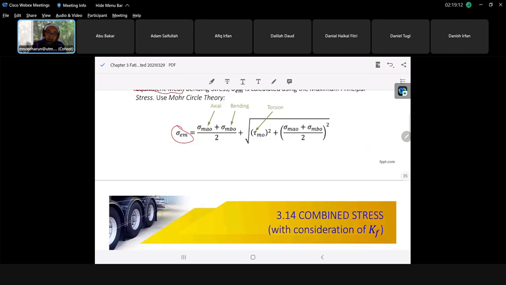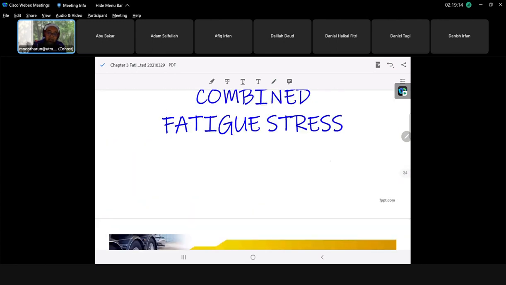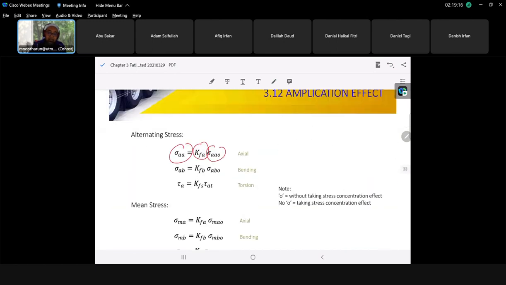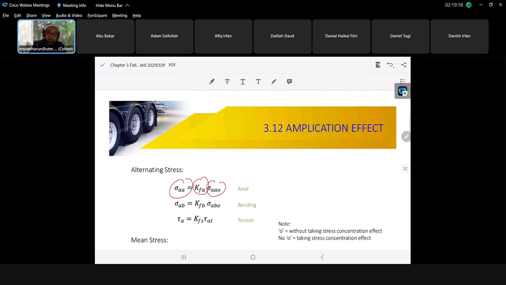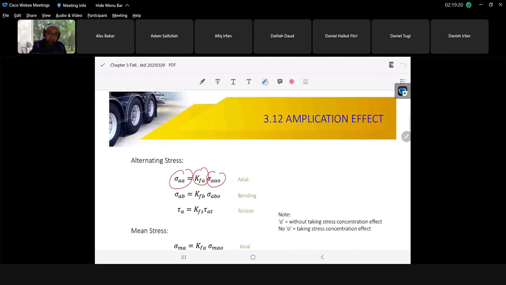We will go back to the basic. We go back to the basic, where we need to identify bending and axial, or torsion, in our component, in the shaft or other parts of our problems.